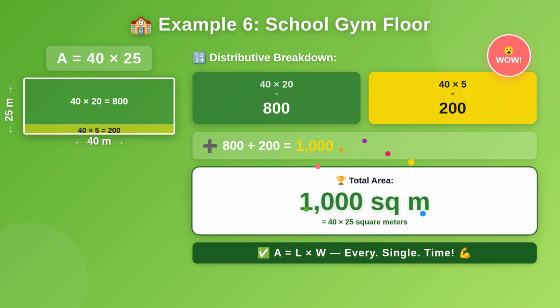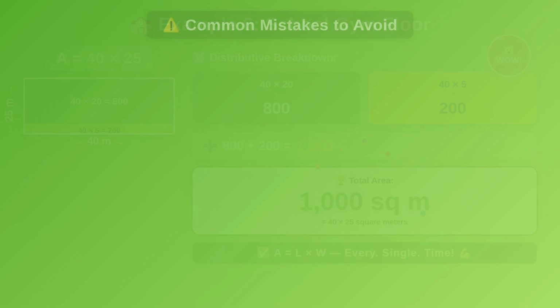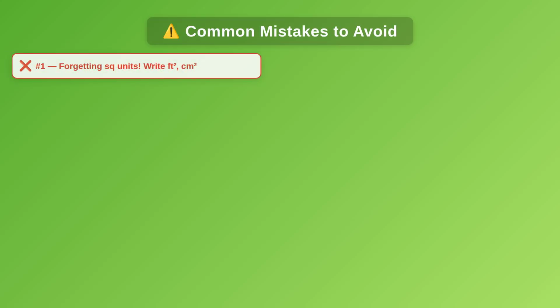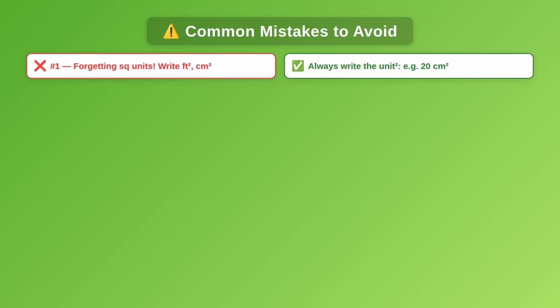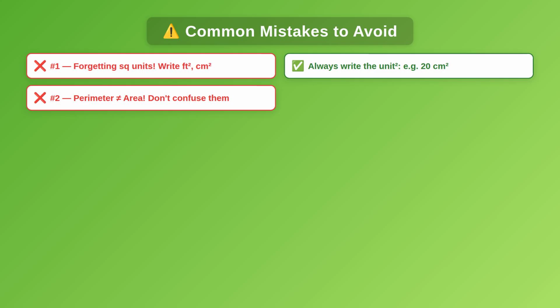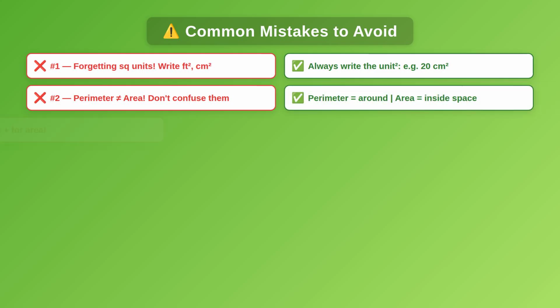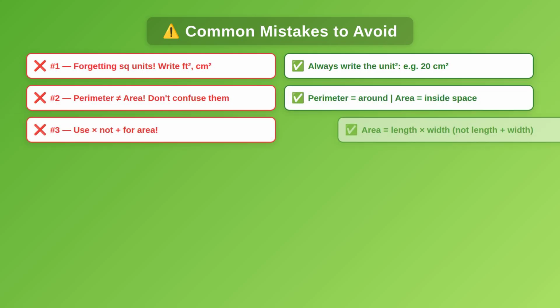The gym floor area is 1,000 square meters. Maya's jaw drops. That's a lot of space. But even for giant numbers, the same simple formula works every single time. A equals L times W. You've got this.